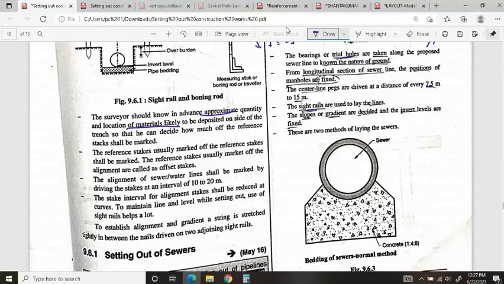The reference stack shall usually be marked with respect to the benchmarks, or with respect to the alignment, whether it is for rising or falling one. The alignment of the sewer or water line should be marked by driving stakes at an interval of 10 to 20 meters.